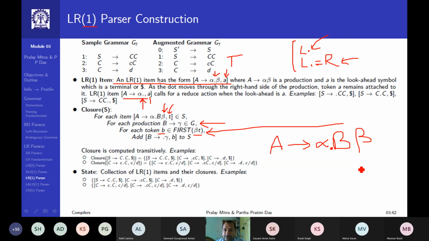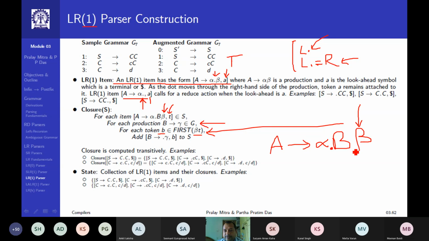Now I suggest, do not go for all of them, but check who will occur after B. All those terminal symbols which are first of this beta.